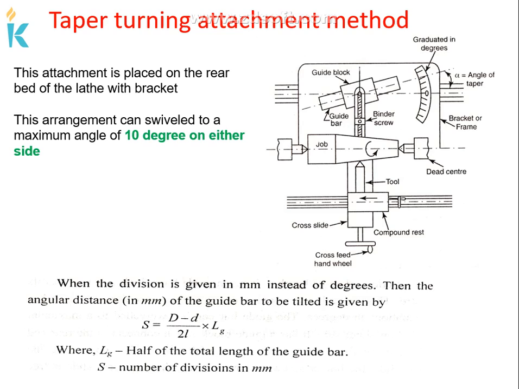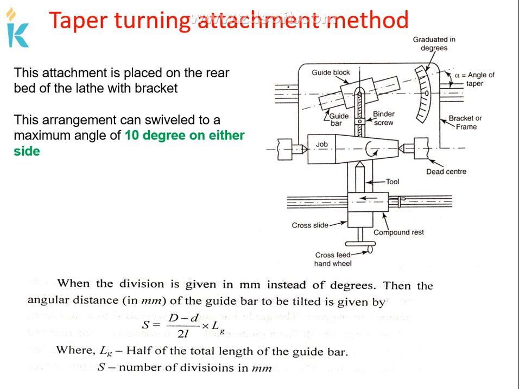Then the last one is the taper turning attachment method. This attachment is placed on the rear of the lathe bed with a bracket, as the diagram is shown in the presentation. This arrangement can be swiveled to a maximum angle of 10 degrees on either side.